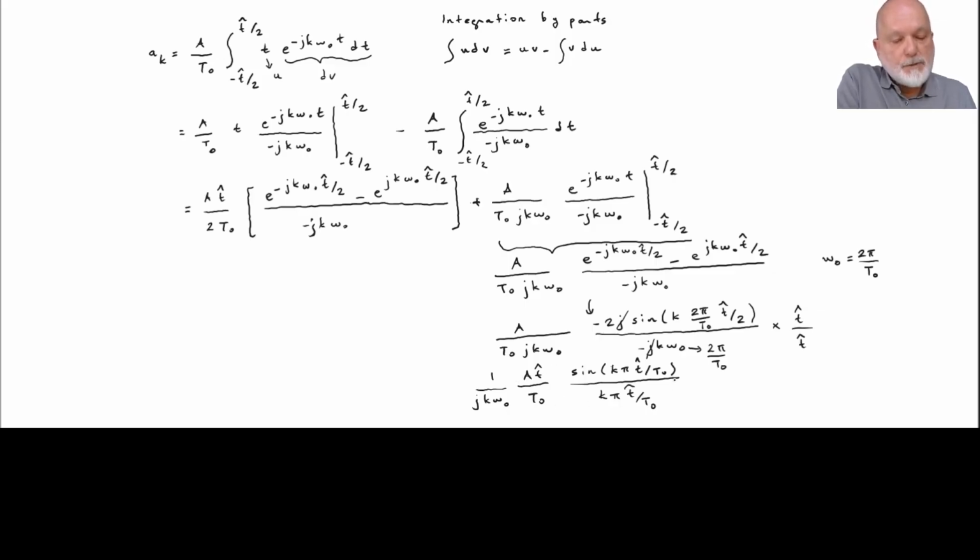That Fourier series coefficient is multiplied by 1 over jk omega 0. Now, in a later video, we are going to see the meaning of this operation here.